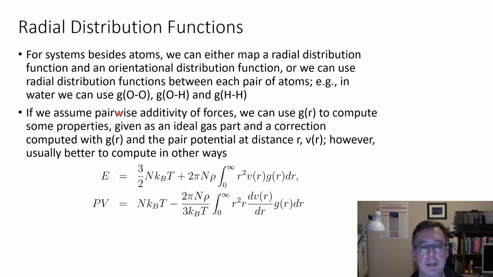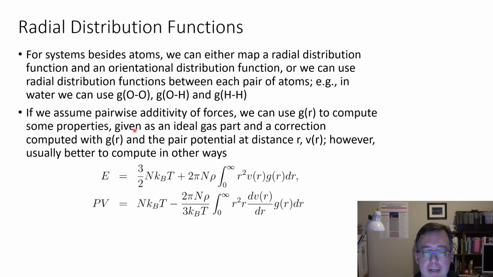Now, if I assume that all the forces are pairwise additive, which you do in a lot of force fields, which is not quite true due to polarization, but to a good approximation, forces tend to be pairwise additive, and a 3-body effect in a lot of systems isn't necessarily too large. Under that assumption, I can use G of R for some interesting things.